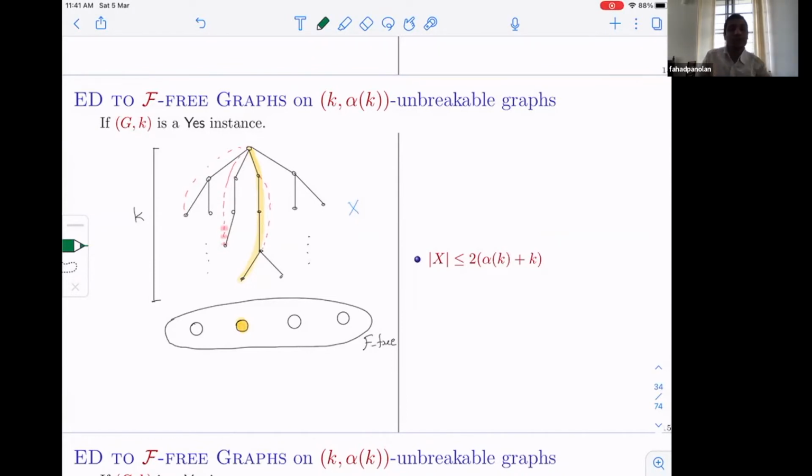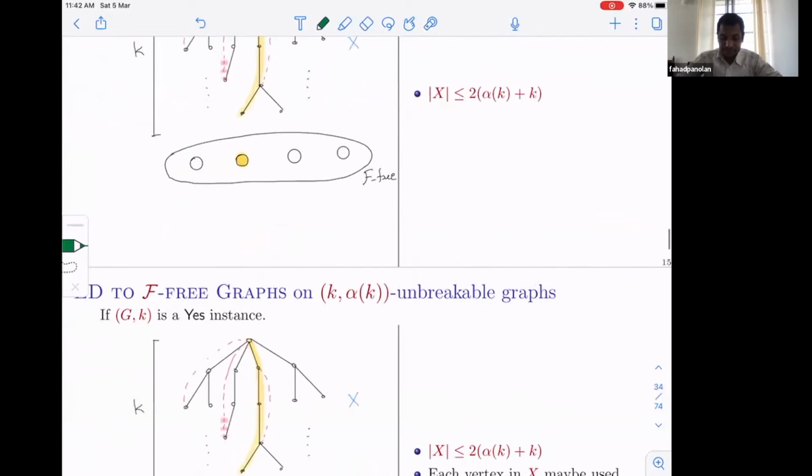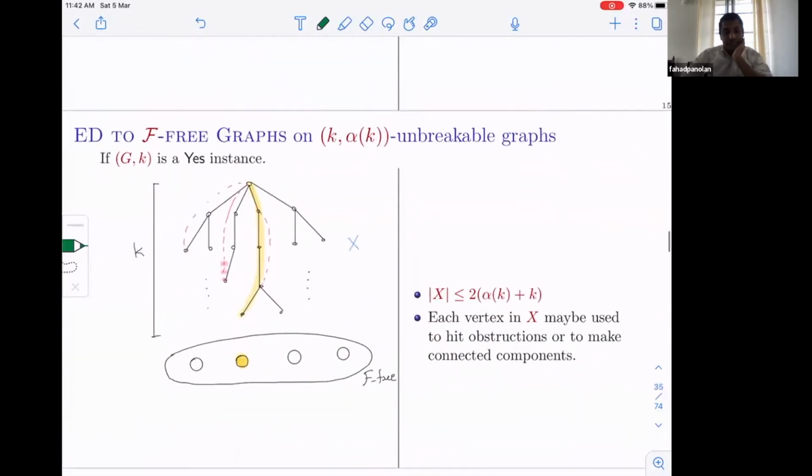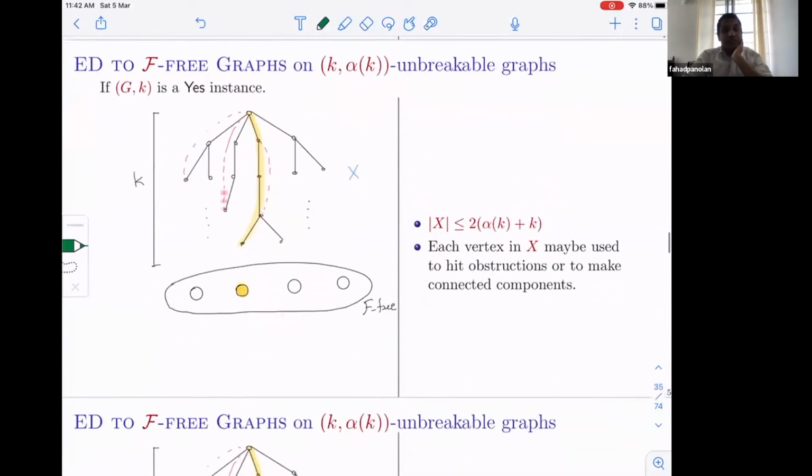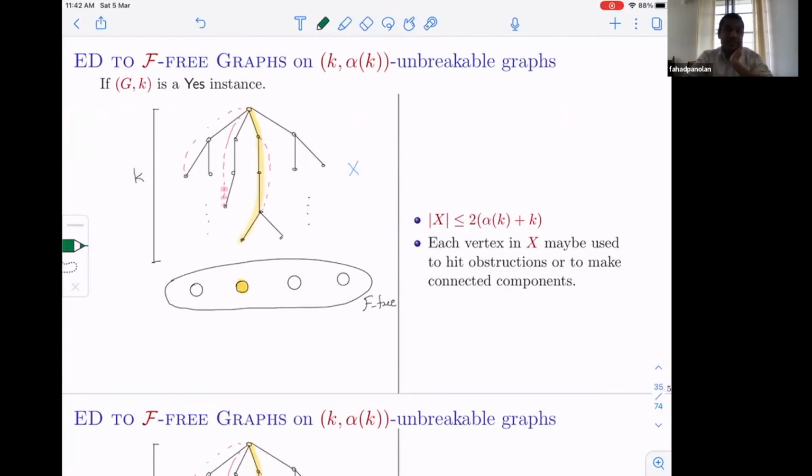One of these two jobs it will be doing. It may not be doing this alone, it may be doing it with the help of other vertices, but every vertex will have a role towards one of these: either killing an obstruction or making more connected components so that the depth of the tree won't grow. So these are the things each of these vertices in X is going to do.